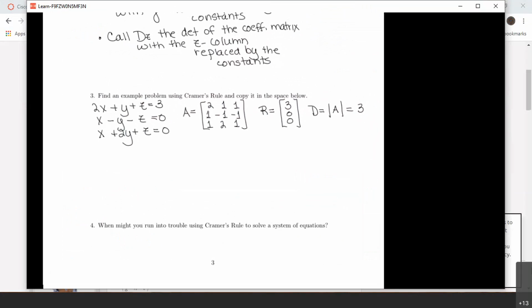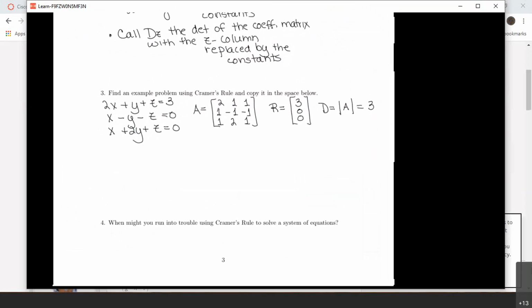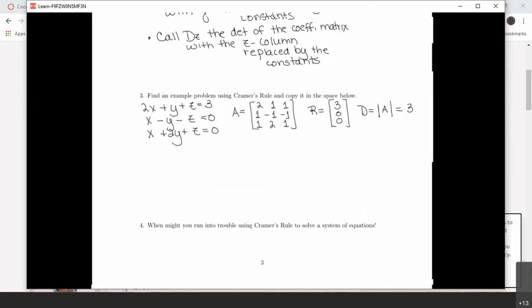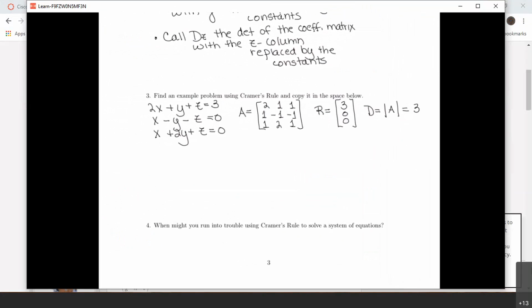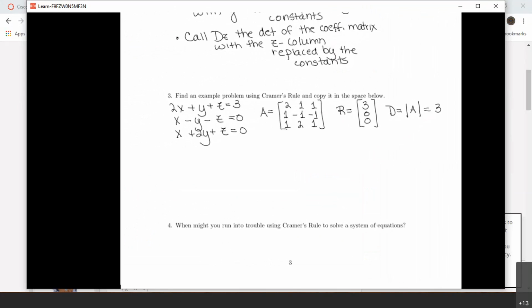Then I have to build all of my coefficient matrices with the different columns substituted. So I'm going to build another matrix, B. And remember how I have to do this. I have to start with A, but I need to replace this column with this.